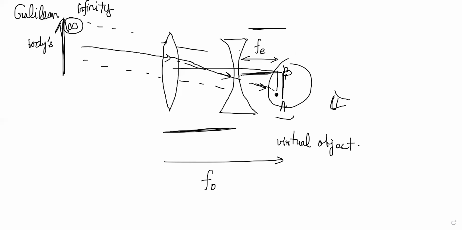Now just use the lens formula: 1 by V minus 1 by U is equal to 1 by FE. We have to find 1 by V, and minus 1 by U is now positive FE.